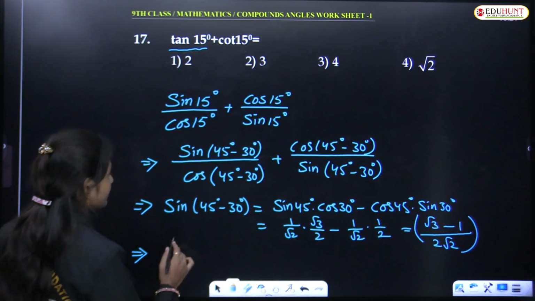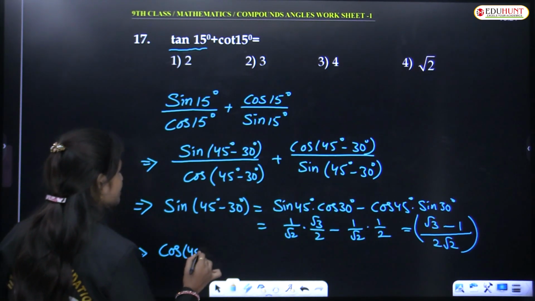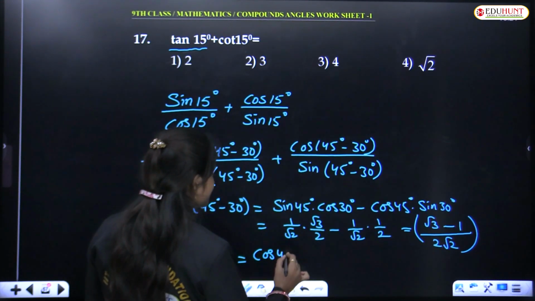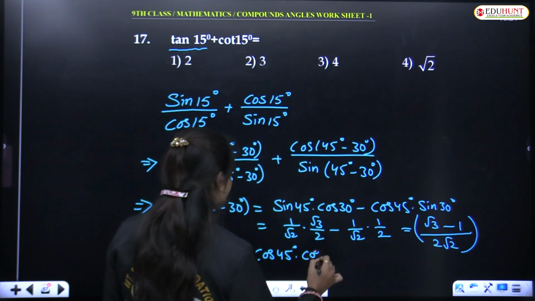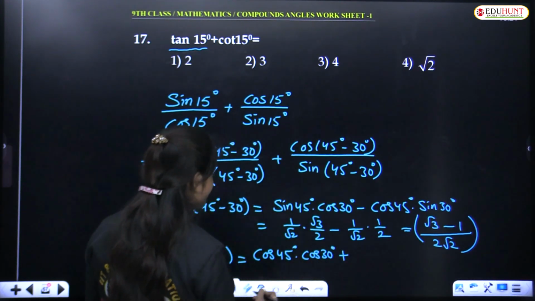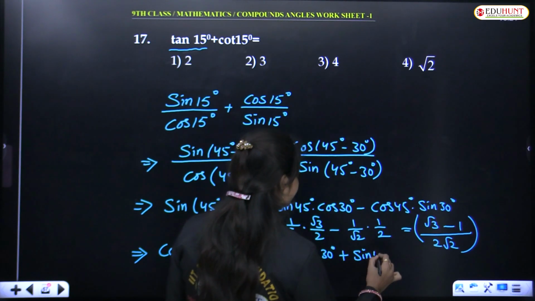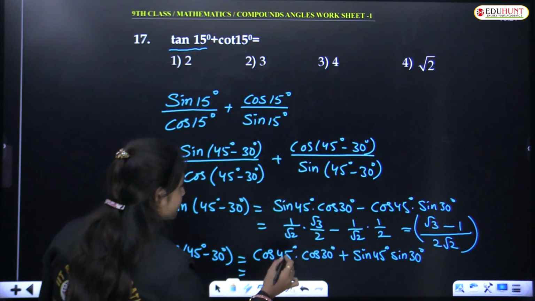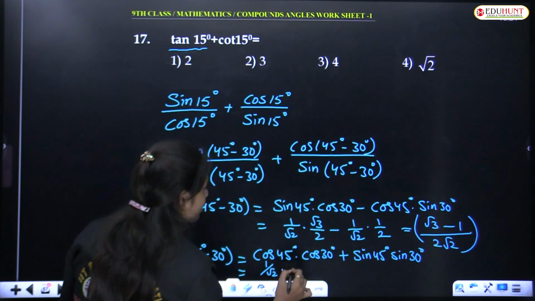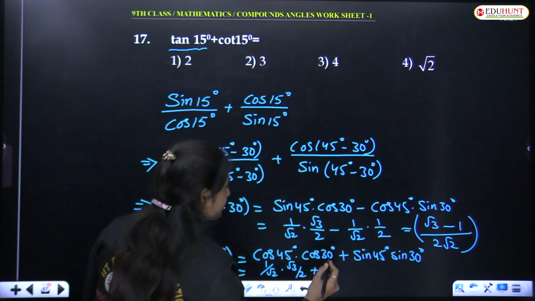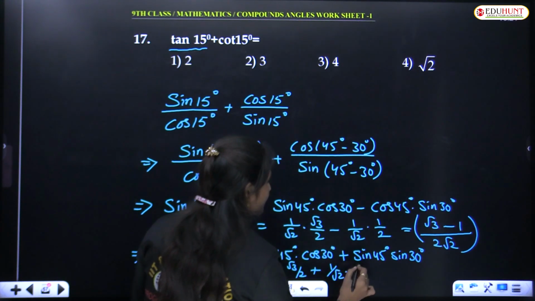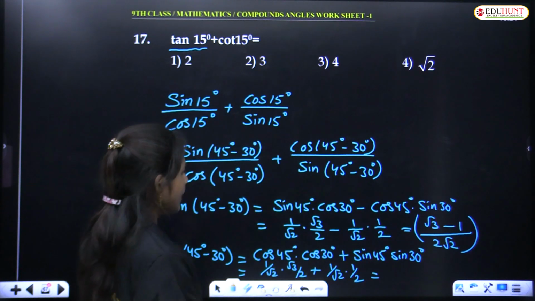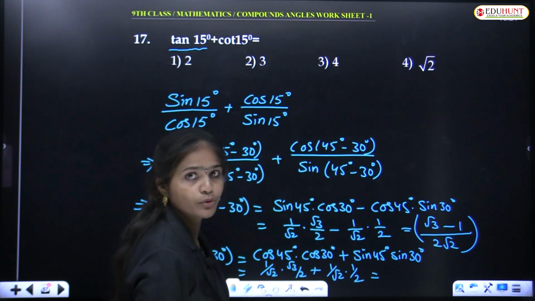Now cos of 45 degrees minus 30. Now simplify this. Cos of A minus B is cos A cos B, and minus there, so that's why plus sin A sin B. So cos 45 is 1 by root 2, cos 30 is root 3 by 2, plus sin 45 is 1 by root 2, sin 30 is 1 by 2.